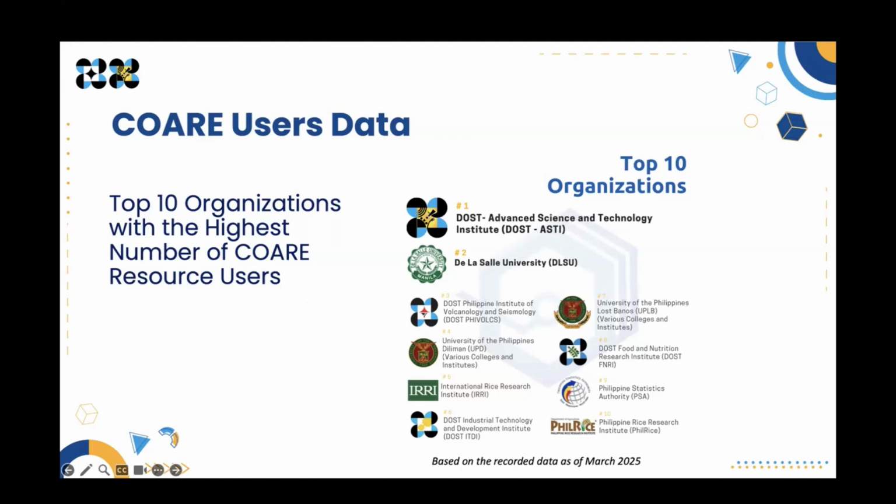So this slide just shows the top organizations with the highest core resource use. So of course, number one is ASTI. We have a number of projects using the facility, and then most universities like La Salle, University of the Philippines, and then International Rice Research Institute, and then some of these, like the Philippine Statistics Authority, are government agencies.